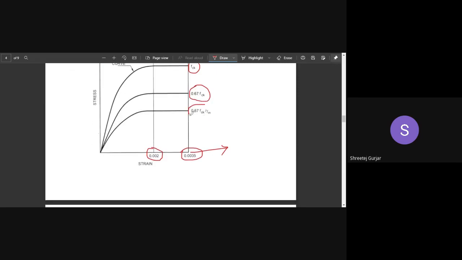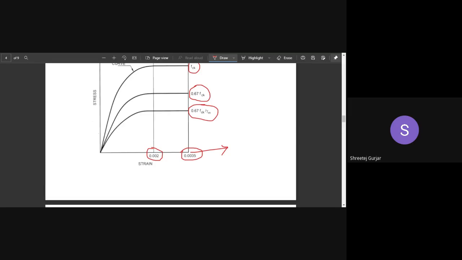So 0.67 FCK is divided by 1.5, and we get this curve.